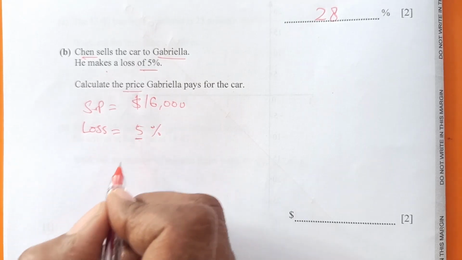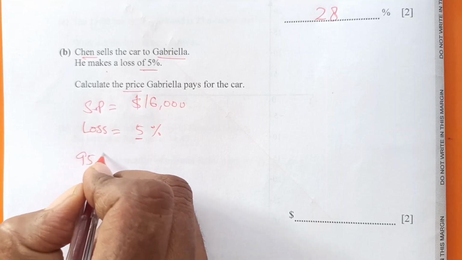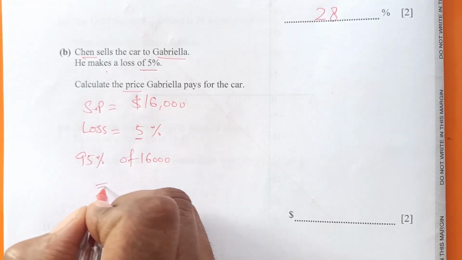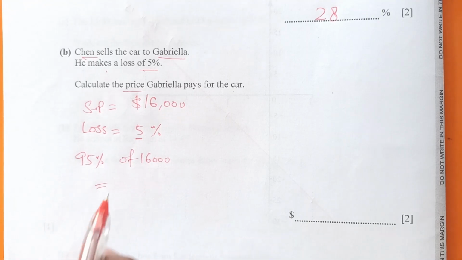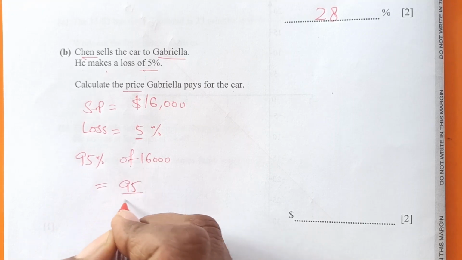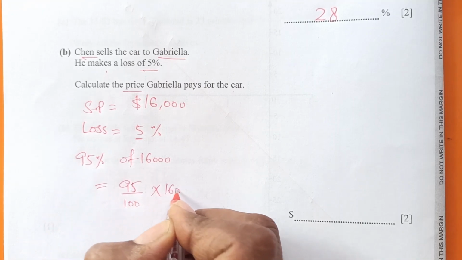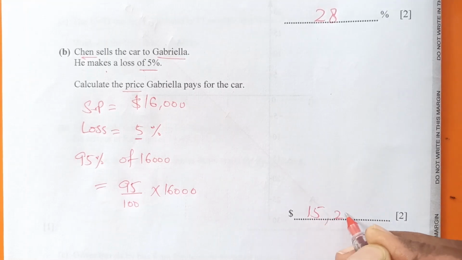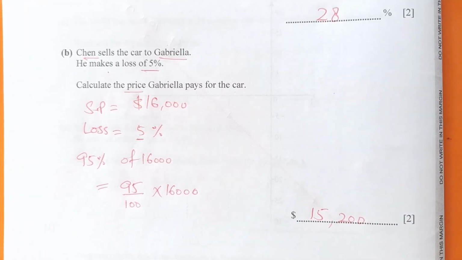That means he sells it for 95%. So 95% of 16,000 will give you the price that she pays. So it is 95 over 100 times 16,000. When you calculate, this is $15,200.